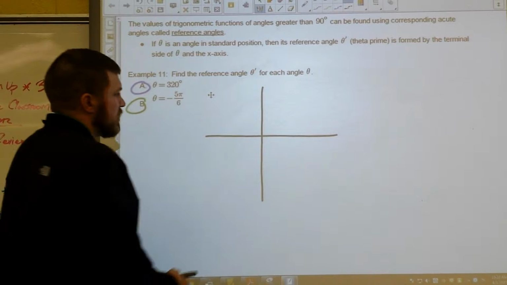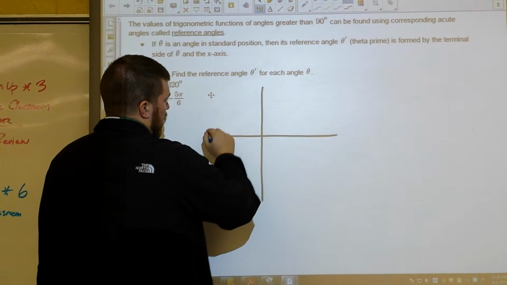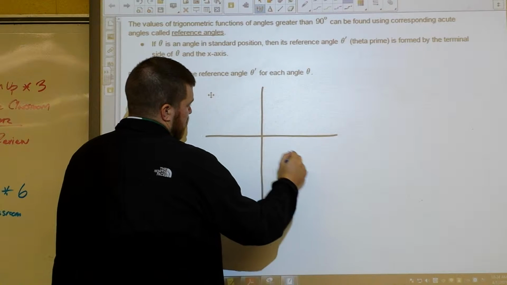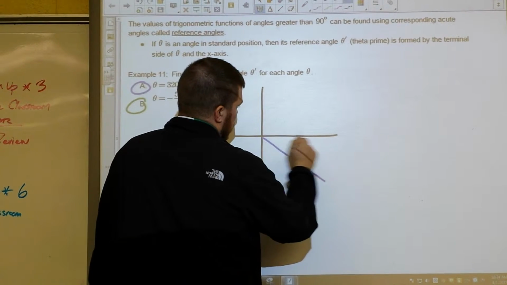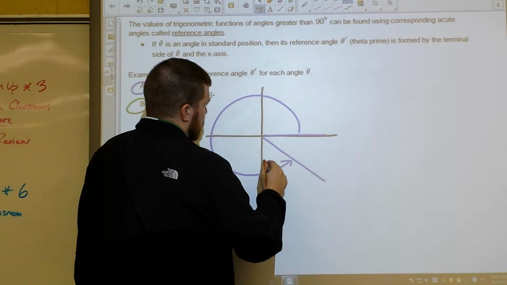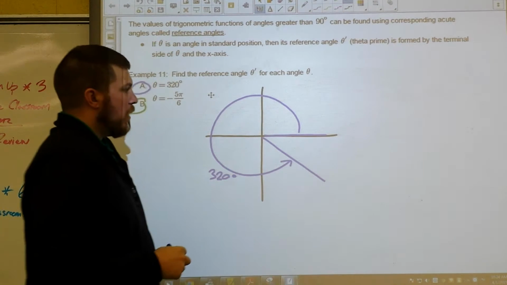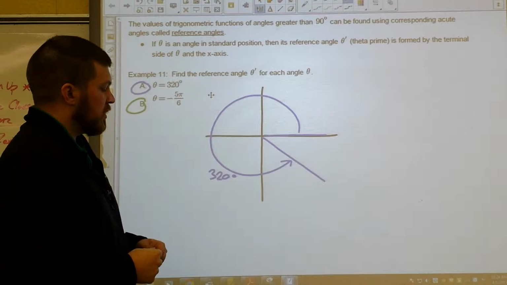It's in degrees. So here's 0 degrees, here's 90 degrees, 180, 270. So 320 is going to be somewhere in here. It's just a sketch. Here's my standard position, and I'm spinning around. So this is 320 degrees. I want to know what angle does that correspond with.